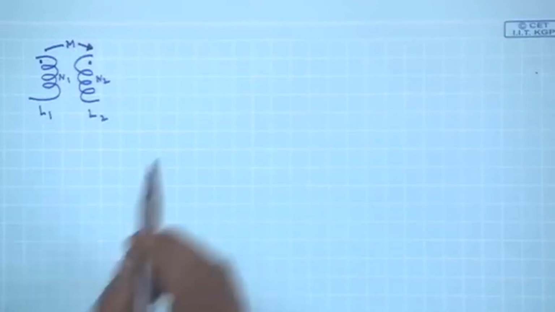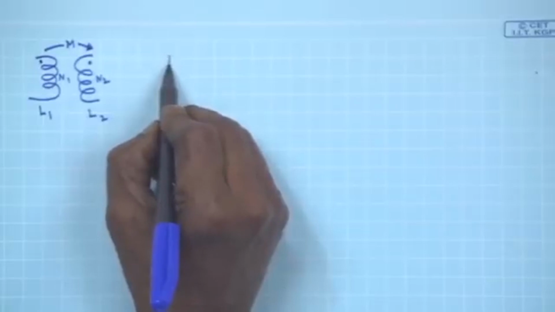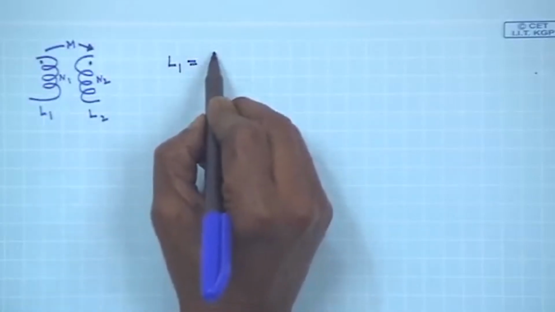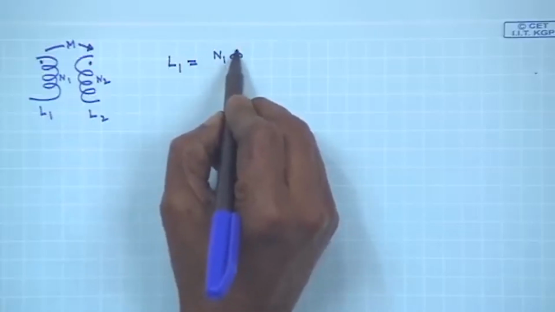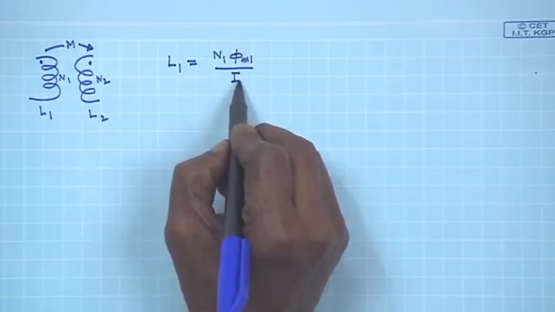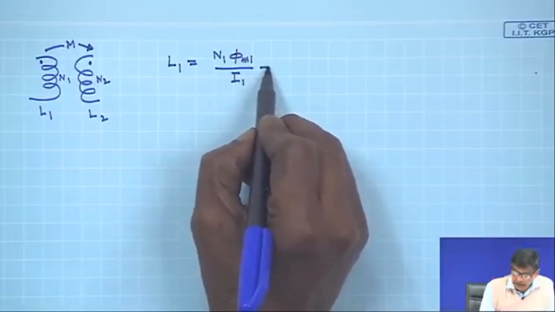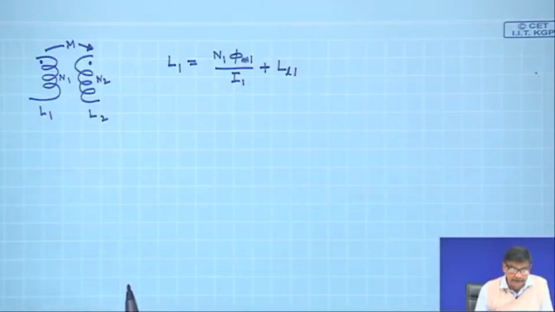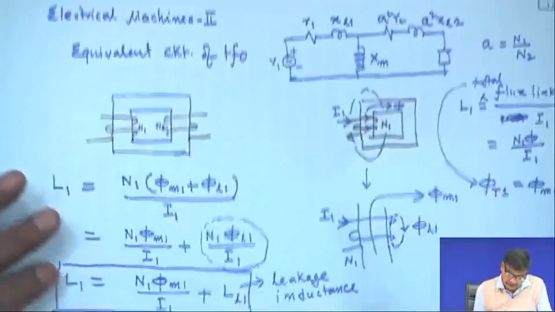You recall that the expression of the self inductance we got as N1 phi m1 by I1 plus L_l1. In our first unit we have discussed this, and this is the leakage inductance, that is the first lecture.